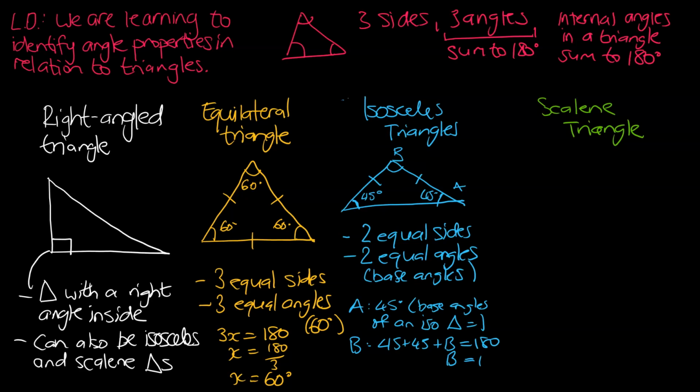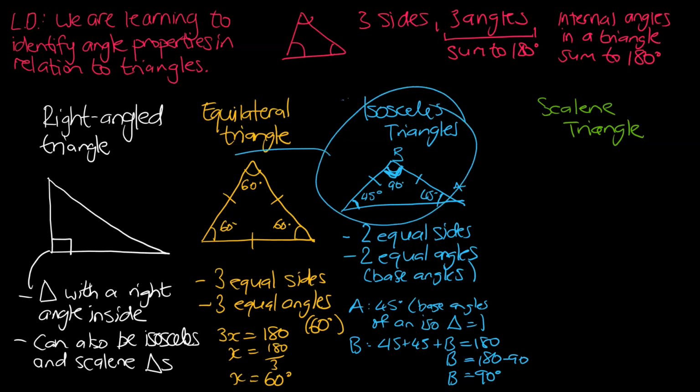So if we take 180 minus that 90, we find that there is actually a 90-degree angle. So that's a right angle, 90 degrees. And that's an example of when the isosceles triangle can become a right angle triangle in that very exact combination of angles.